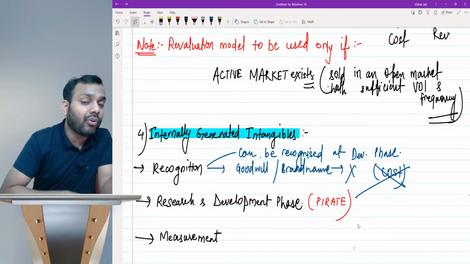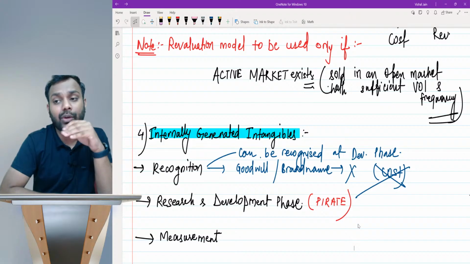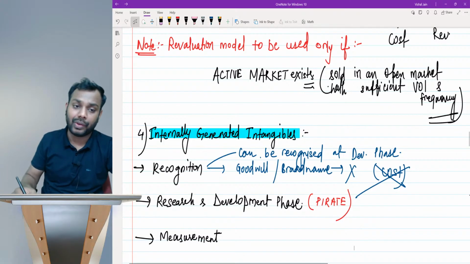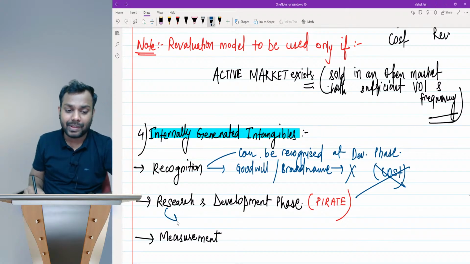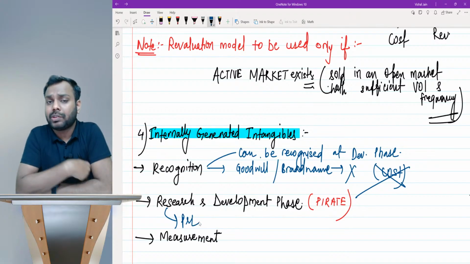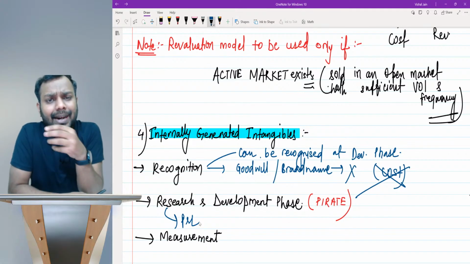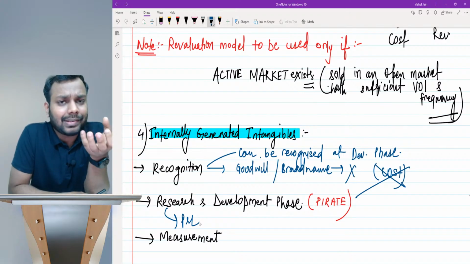Before that, you are in the research phase. Whenever you are in the research phase, all the expenses incurred have to be transferred to P&L. Why? Because future economic benefits are not probable. When I am researching on anything, I am not sure whether I will succeed or not.